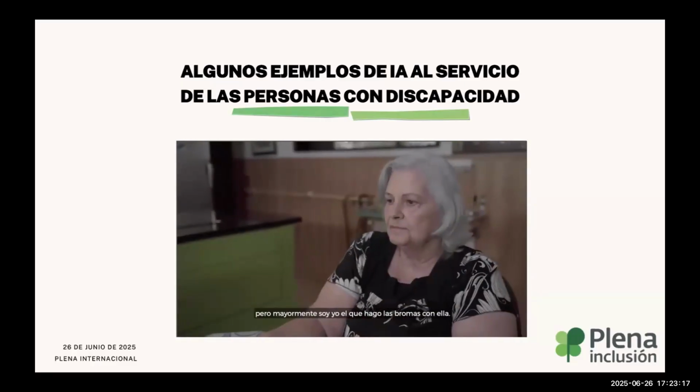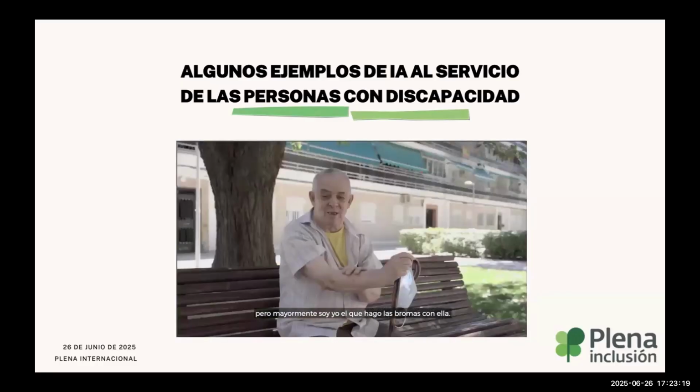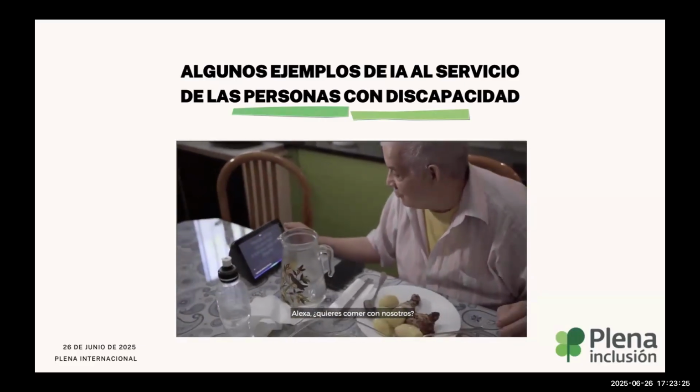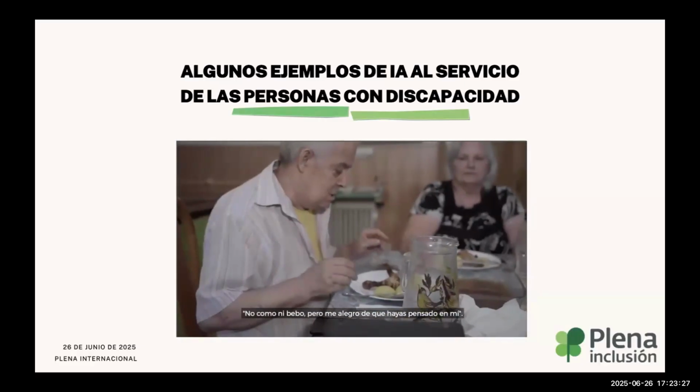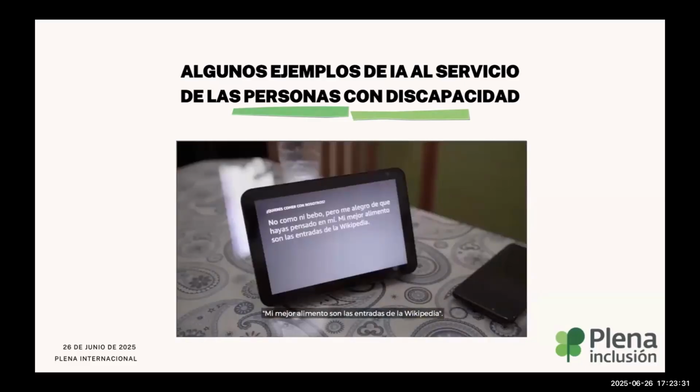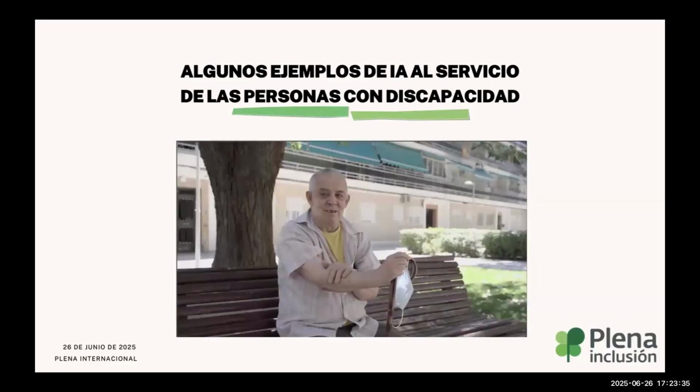We say good morning. Eugenia talks to her, but mostly I play jokes on her myself. Alexa, you wanna eat with us? I don't eat or drink, but thank you for thinking about me. I ask her, do you love me?